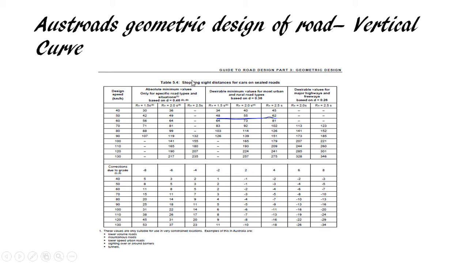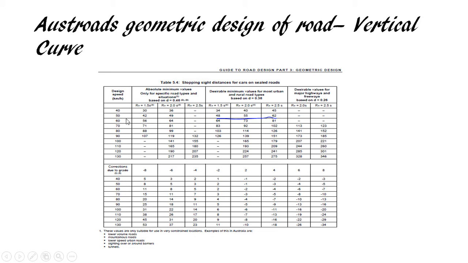For stopping sight distance, in accordance with the Austroads geometric design of roads, based on a desirable value of deceleration and reaction and perception time, the distance is defined for a 50 km road, which is always the speed limit for urban subdivision roads.